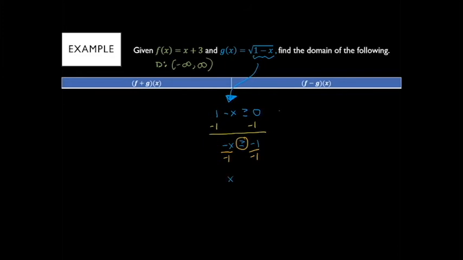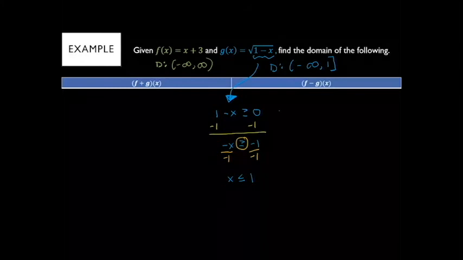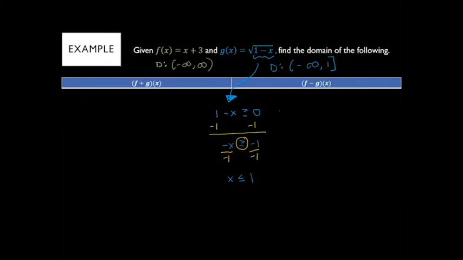And this will give us x is less than or equal to 1. So our domain, when we write this in interval notation, is going to be negative infinity to 1 with a bracket. So that's how we write anything that has a less than or equal to a number. So we've got our two domains in interval notation.